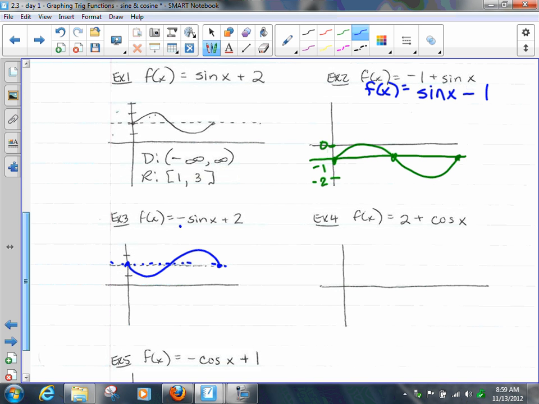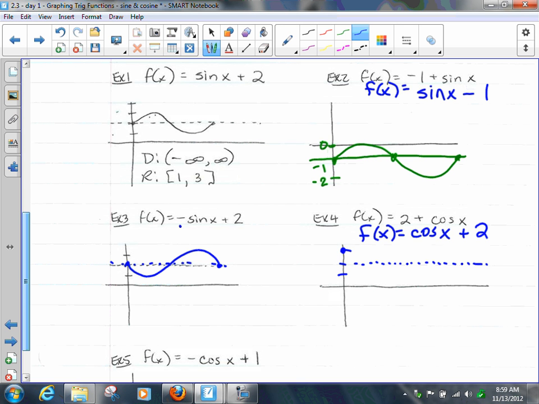Okay. And then, how about cosine? Well, again, we have to rewrite it. It's going to make it easier in the long run. Oscillation line is where? At 2. And then, is this going to be a cup or a mountain? It's going to be a cup because cosine is positive.